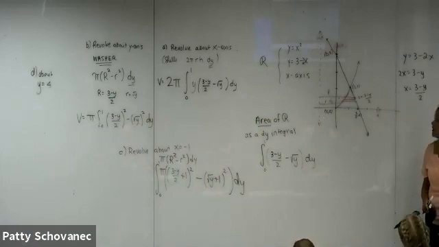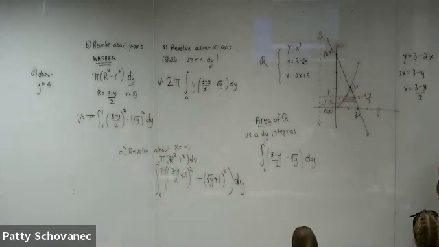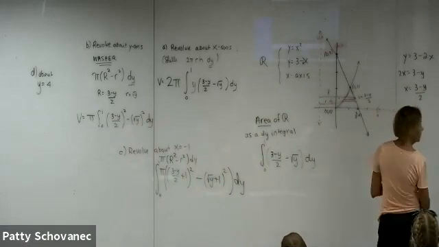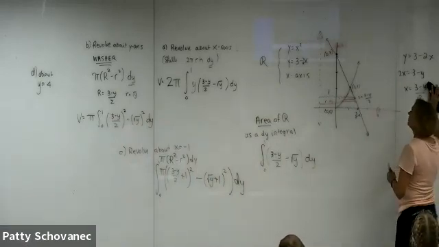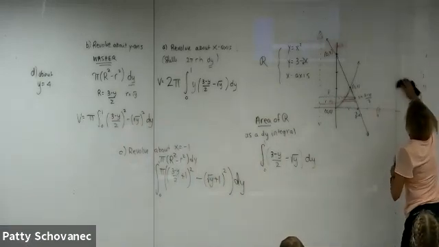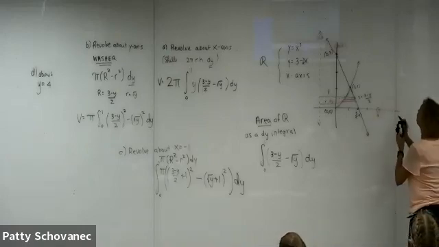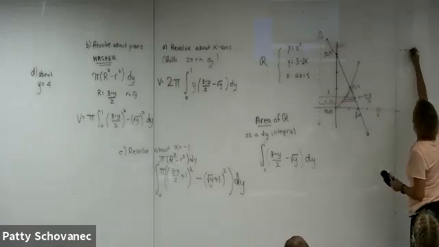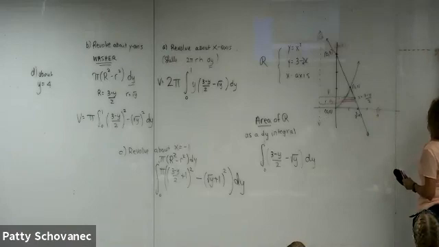Okay, so where is now the line y is equal to 4? Way up there, right? Someone draw a better picture. I got this little triangular region down here.